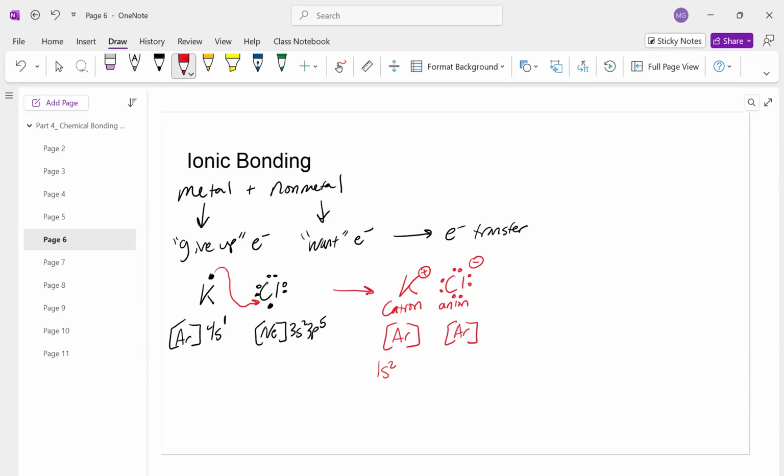So I'll draw out that whole thing here just to show you. Both of them would have a filled valence shell. And so this is what we call ionic bonding, the transfer of electrons, and this forms an ionic compound.